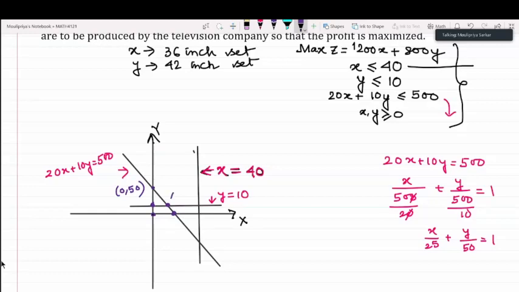This would be 20, 10. What about the coordinate of this point?